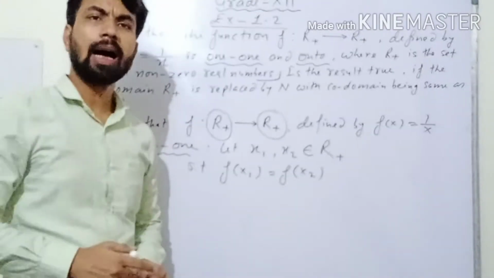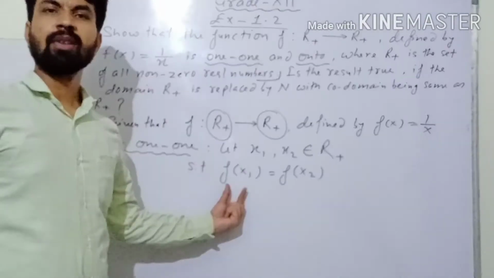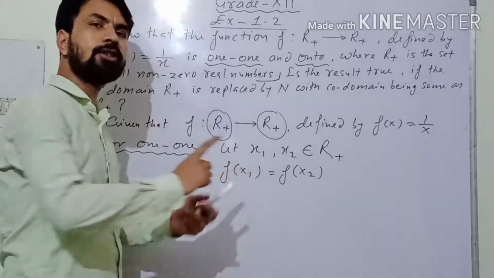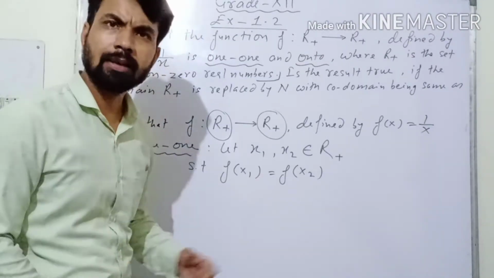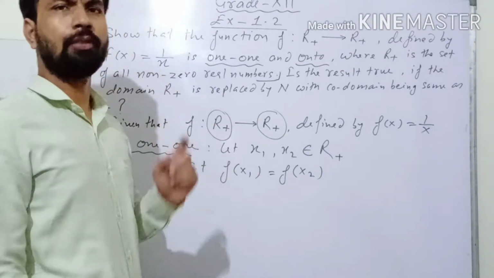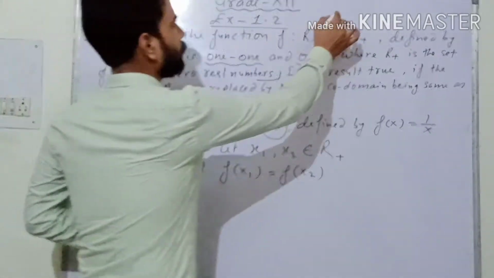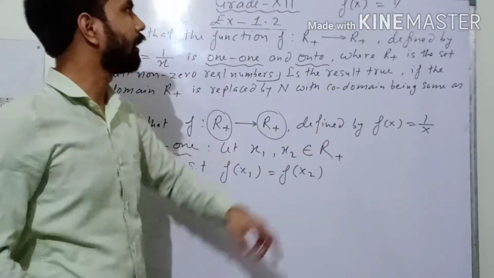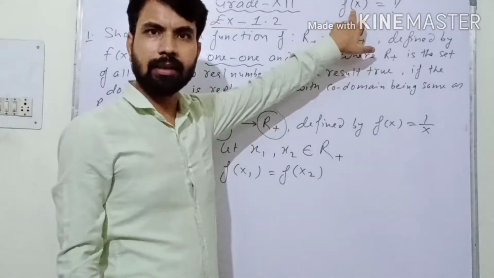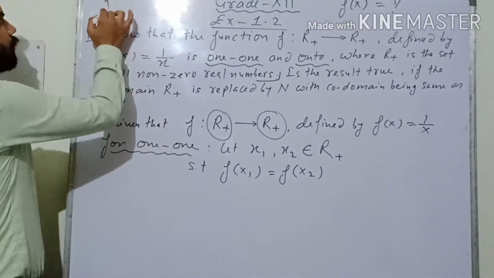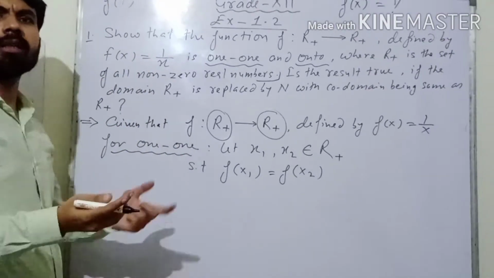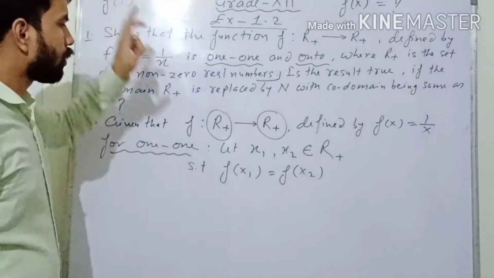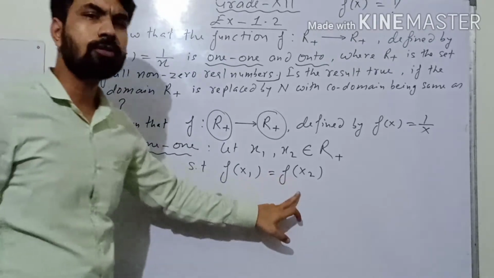In the last video I explained to you, f(x) can be considered as y. That means f(x) is denoted as the image. f(x) is denoted as the image of x. If somewhere f(x) is given, we can say that f(x) is the image of x. If somewhere f(1) is written, what is the meaning of this? f(1) is the image of 1. Clear? Such that f(x1) equals to f(x2).